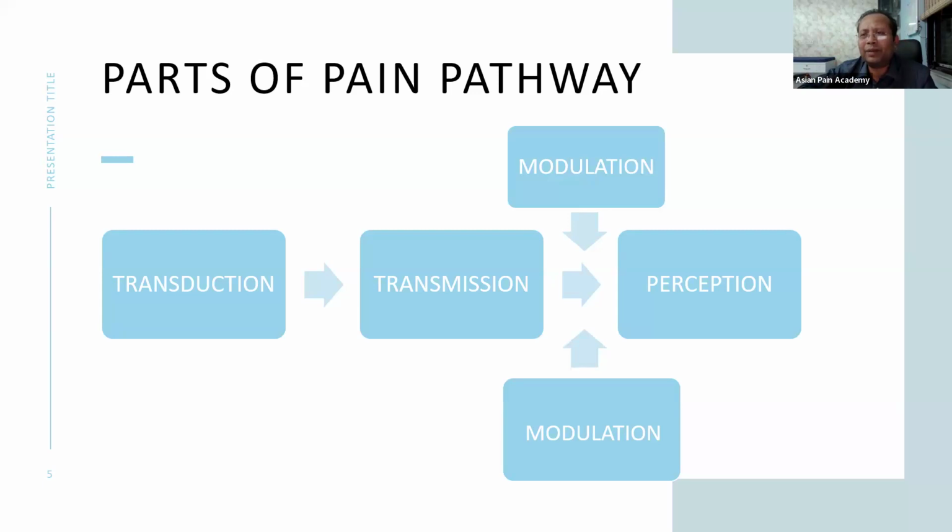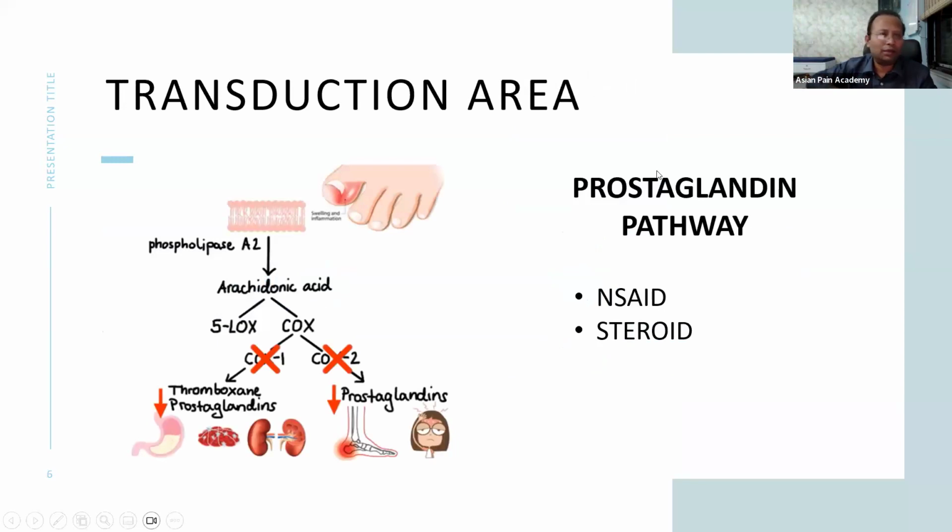That is in pathological pain, when it is a neuropathic pain. And perception is ultimately when we are perceiving the pain. Means it is not only the nociception, but also cognitive modulation. How we feel about that pain, the total amount is our perception. So these are the parts of the pain pathway.